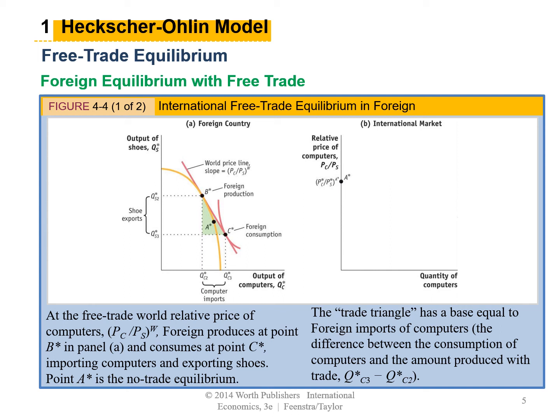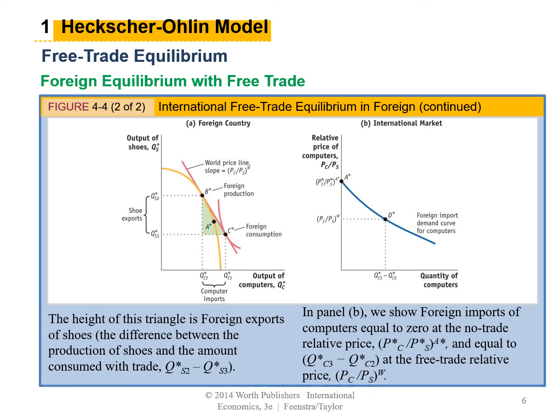So the final trade equilibrium will be an equilibrium where the home country computer exports exactly match the foreign country computer imports. So the foreign country has its own line on the right-hand side there, relative price of computers, and it slopes in the different direction from the home country because it is an importer of computers, not an exporter.